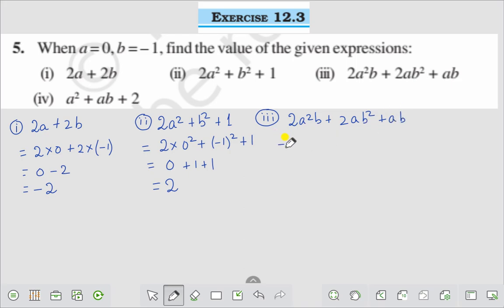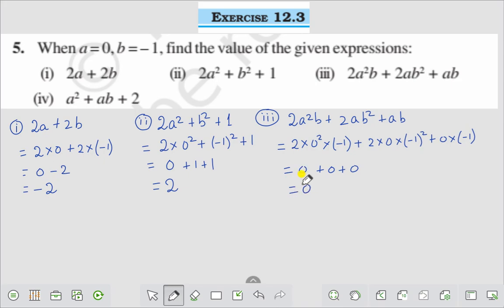Then we are getting 2 into a square, that means 0 square, into b which is minus 1, plus 2 into a, that is 0, into b square, minus 1 whole square, plus ab. a is 0 and b is minus 1. The whole thing is multiplied by 0, that means it comes to 0. The whole thing is multiplied by 0, then it also comes to 0. And this is 0 into minus 1, which is also 0. Then we are getting it as 0.